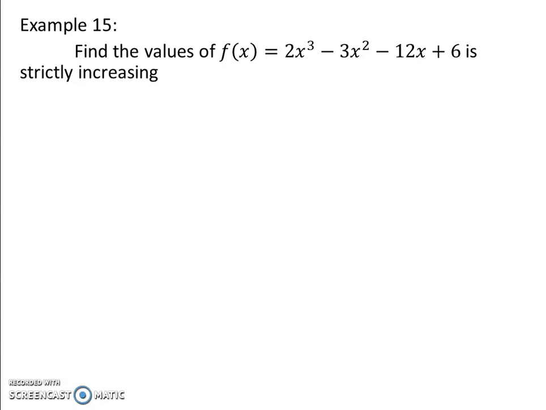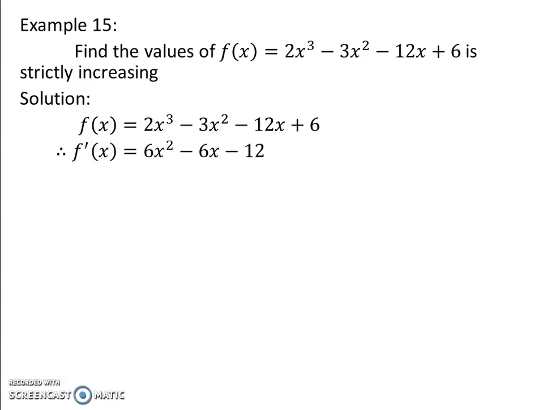If f dash of x is positive, it is increasing, and vice versa. So using the same definition, we differentiate f of x to get f dash of x. Whenever we want to find the values of x where the function is increasing or decreasing, we will factorize it into linear factors, taking it as a product of two terms.